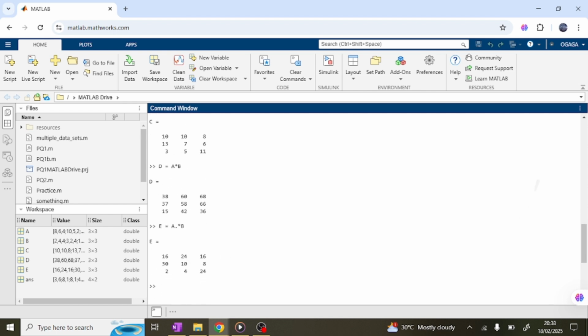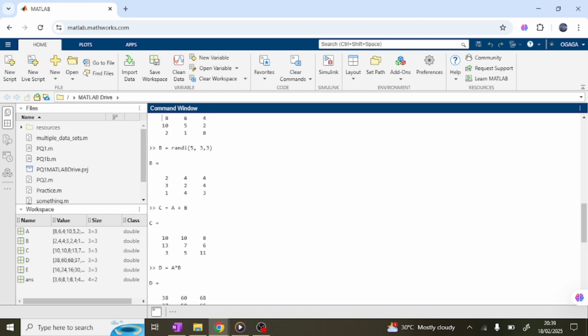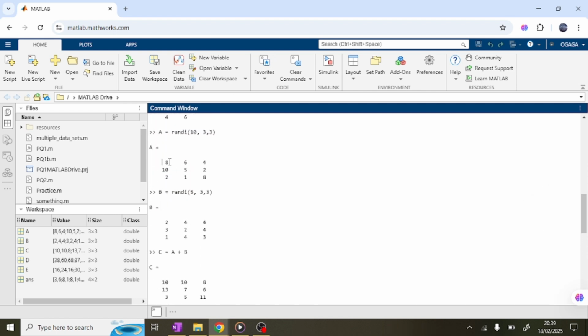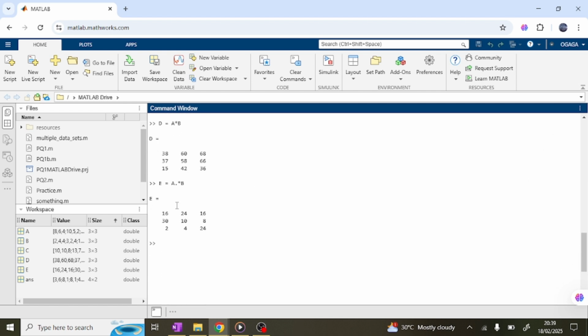But if you put a dot, this dot is known as the element-wise, like dot multiplication is element-wise multiplication. So element-wise operation, that is, we are going to multiply them. That is, the element in this position is multiplied by the element in the same position, 8 times 2, that will give us what? 16.